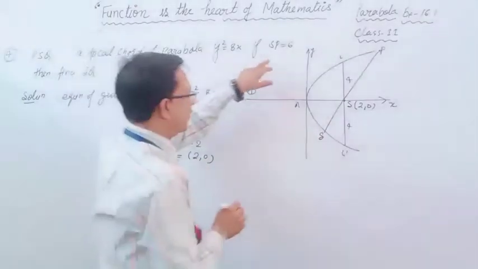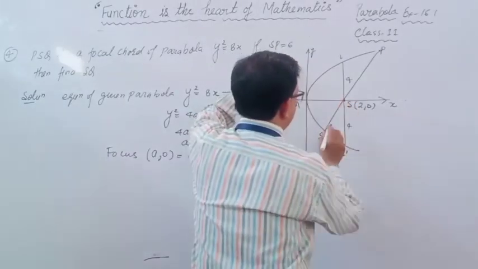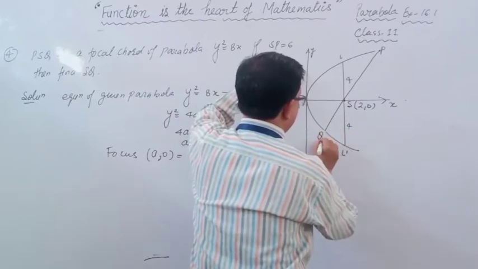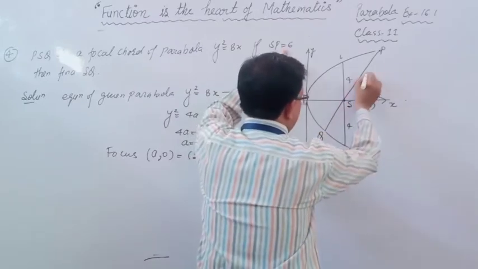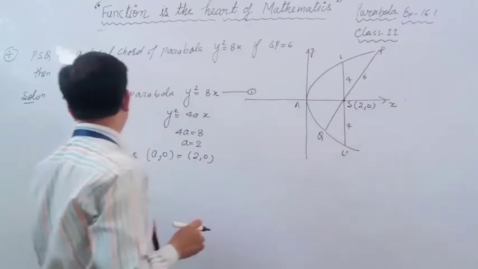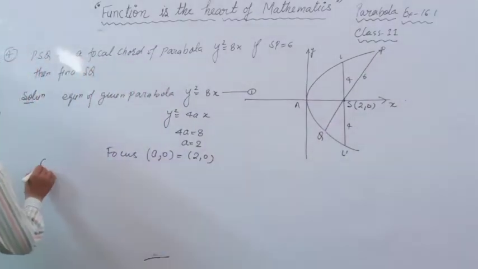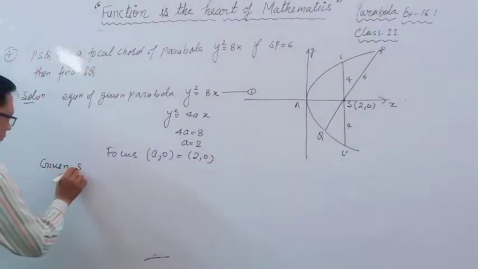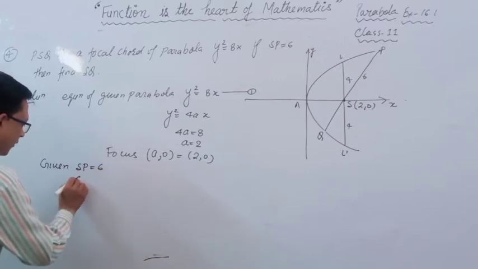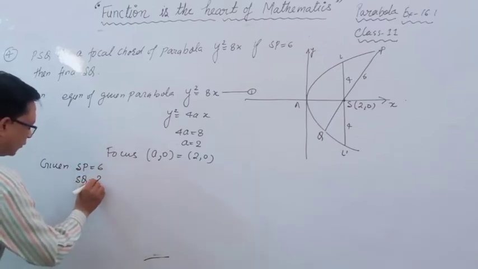And here SP is given, this distance is 6, and we are going to find SQ.